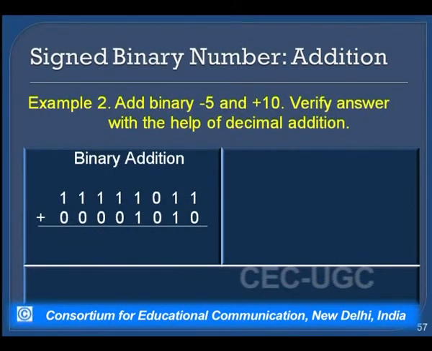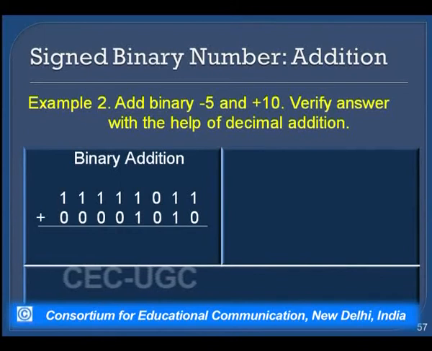Now this is different. Now, we have to add two numbers, minus 5 and plus 10. Minus 5 is in the 2's complement form. So, you see the first sign bit is 1 and the rest of the number is in 2's complement form. Now, we add these two numbers.